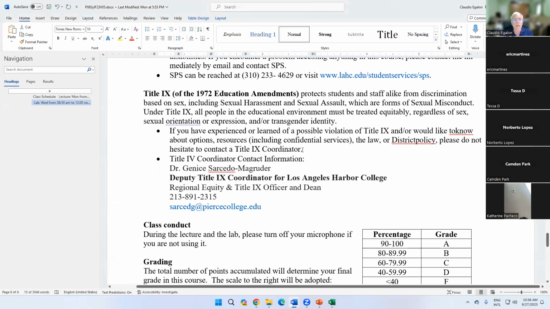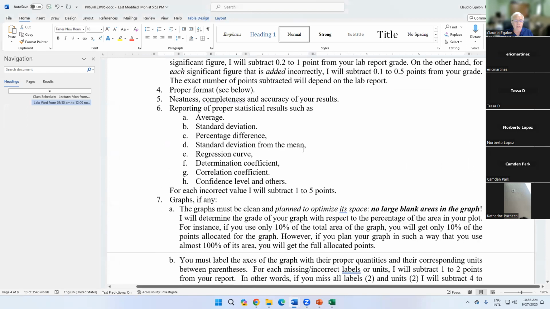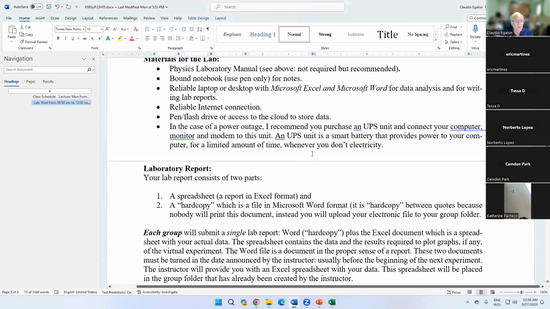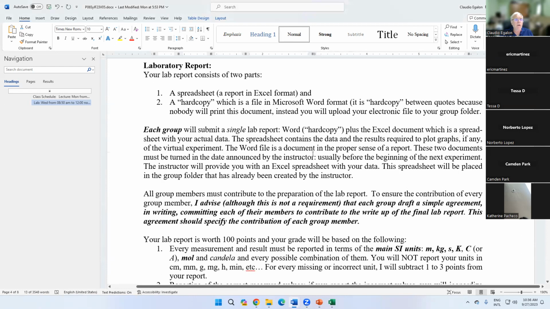It's a very simple format, not that involved. Here you go, laboratory report.